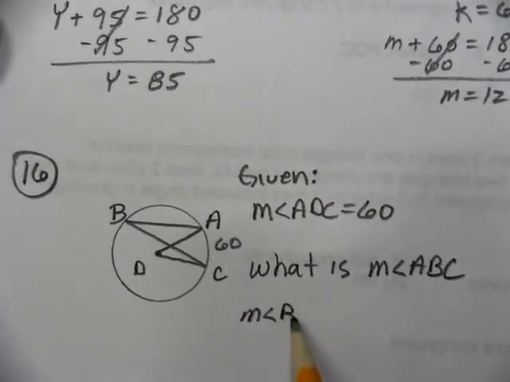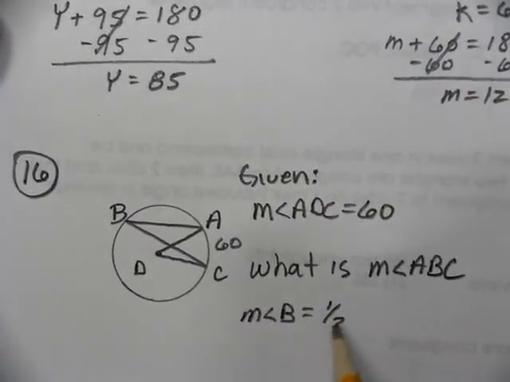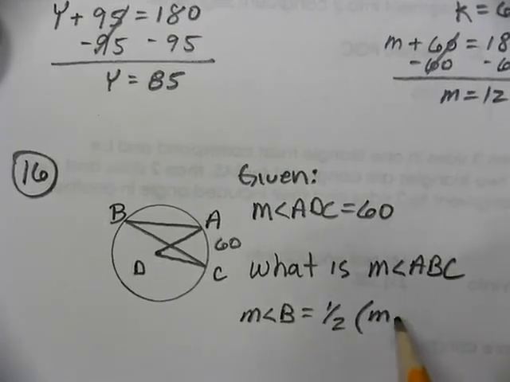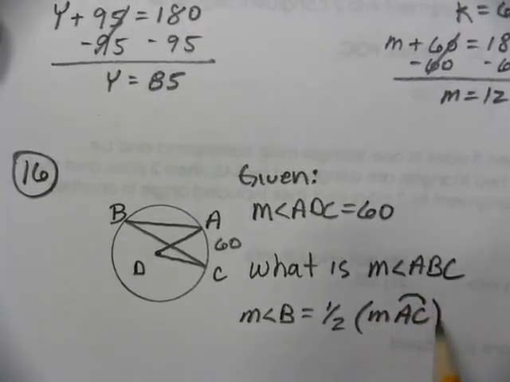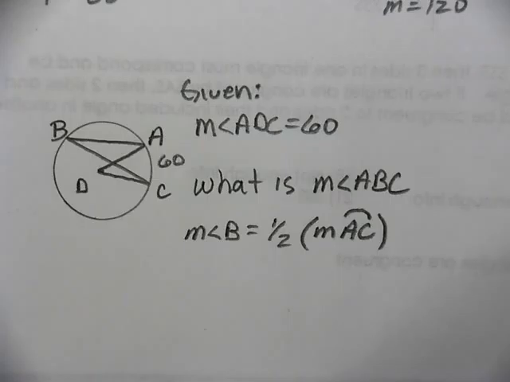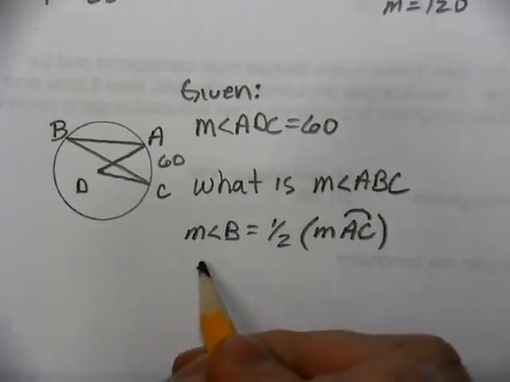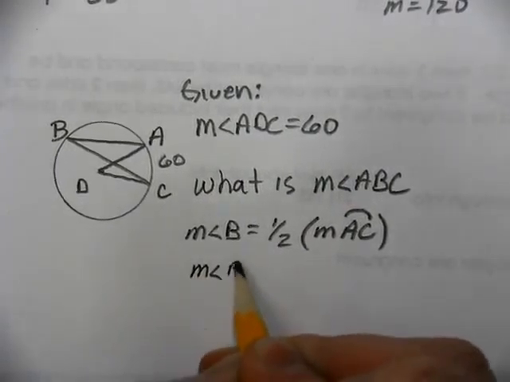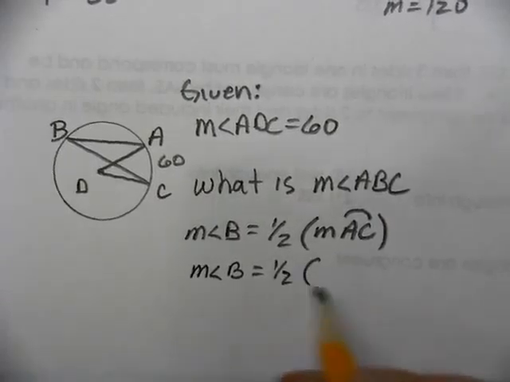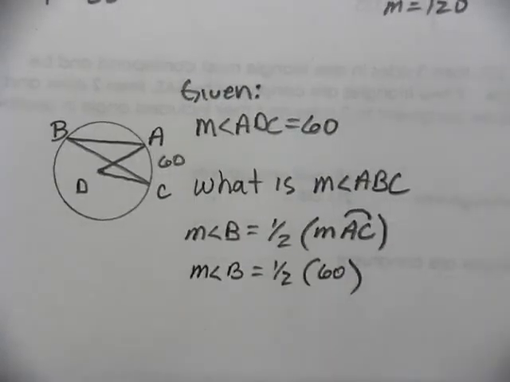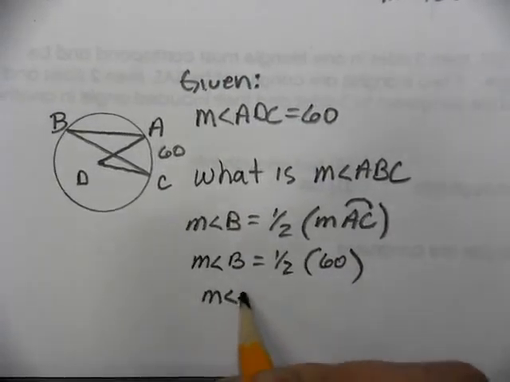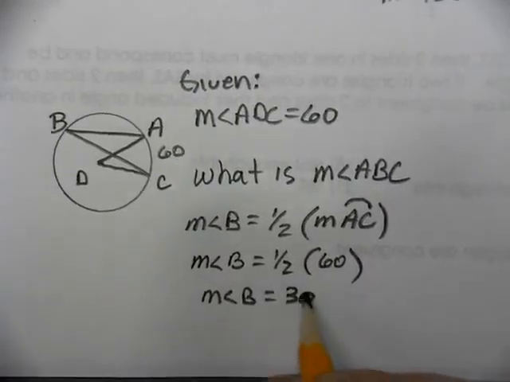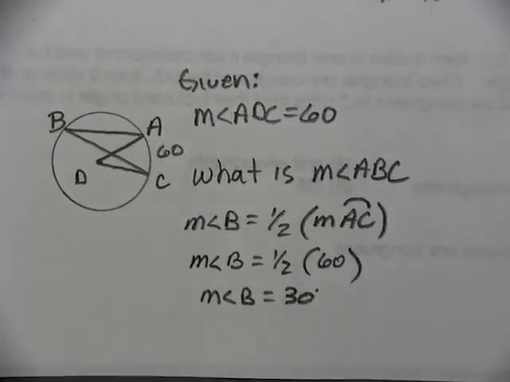So the measure of angle B is going to equal half of the measure of arc AC. So the measure of angle B is going to equal 30.